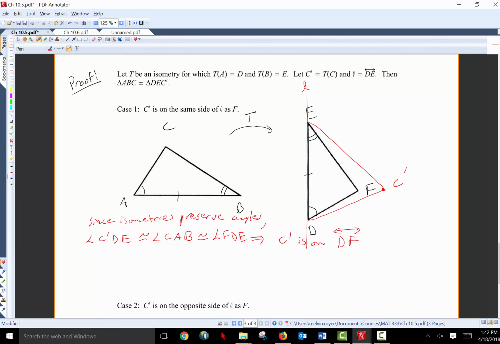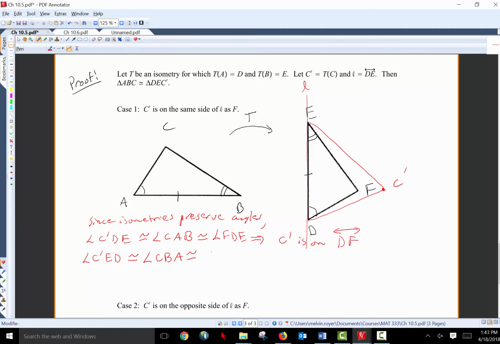But then let's play the same game at angle B. So we know that angle C prime ED is the same thing as angle CBA, because the transformation takes an angle to a congruent angle.